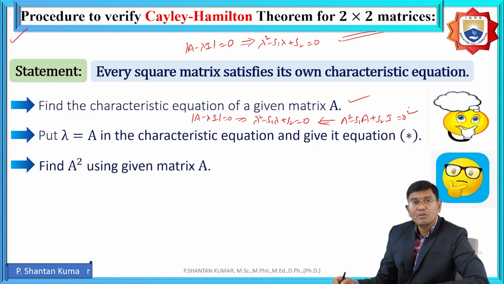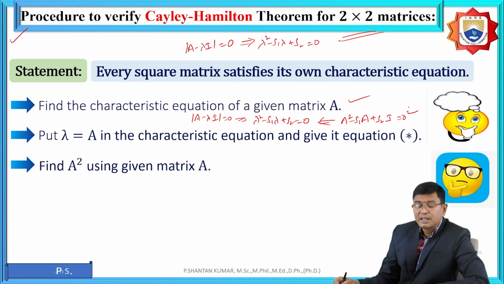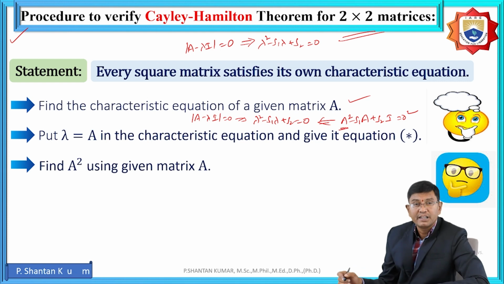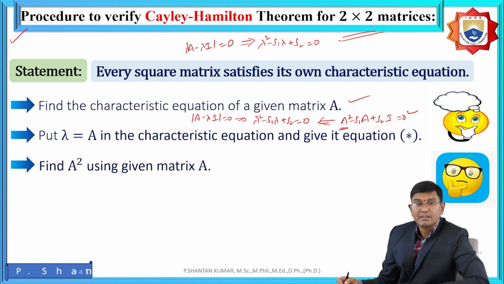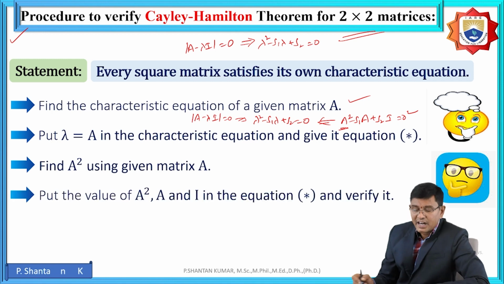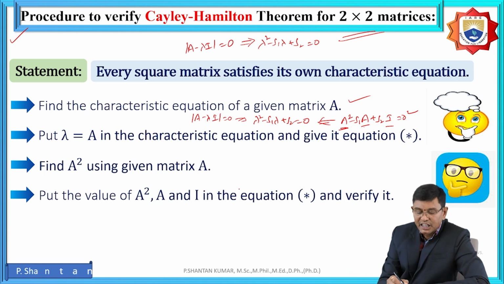Here we need to find A square from the given matrix. After finding A square, A, and also the unit matrix, we replace them in this equation, and the equation is clearly satisfied.